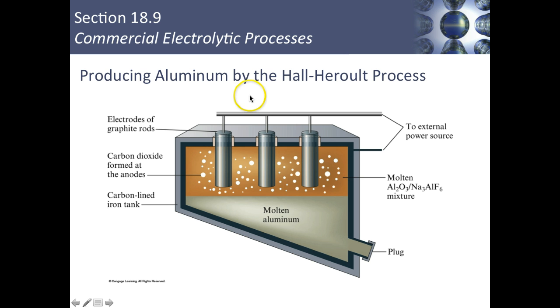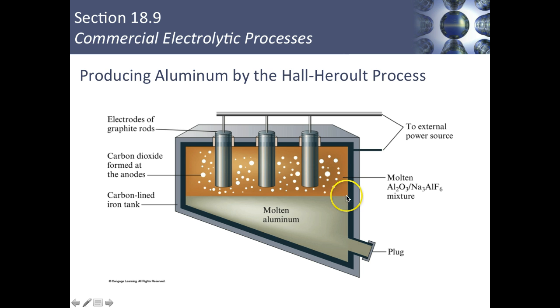If we're producing aluminum in this case, notice that this is our external power source, and we're using graphite. Why graphite? Graphite is inert, so it doesn't react with the solution on its own. Now, in here we have our carbon dioxide, which is going to be formed at our anode.